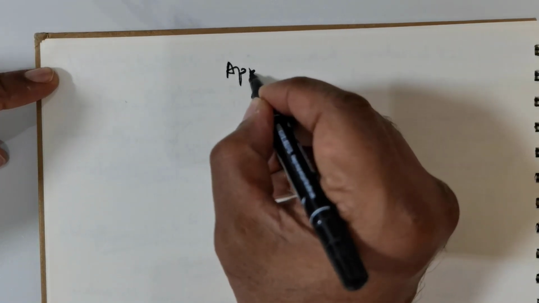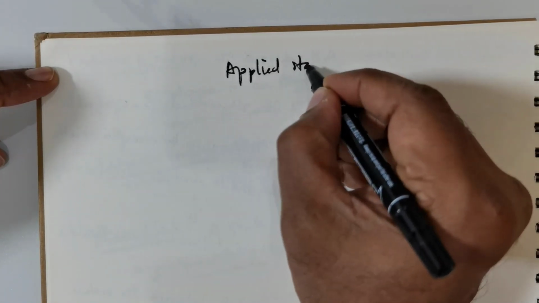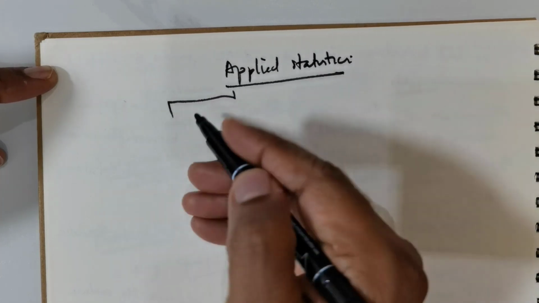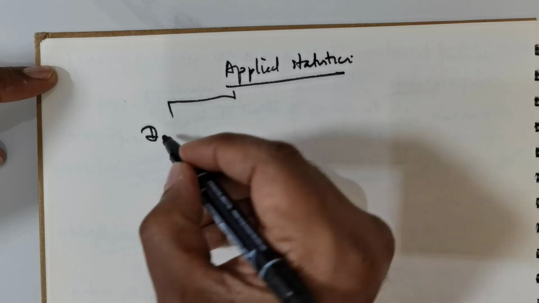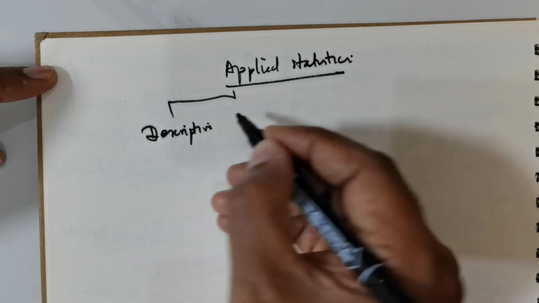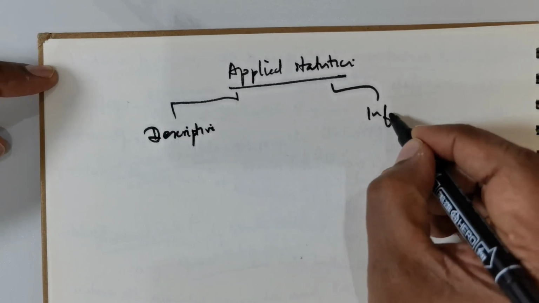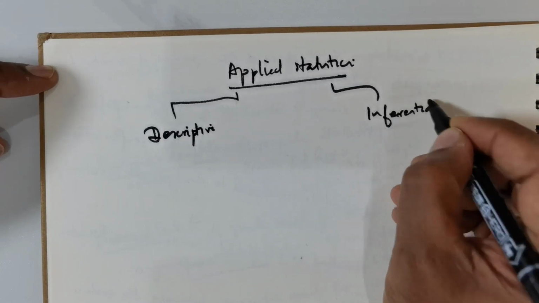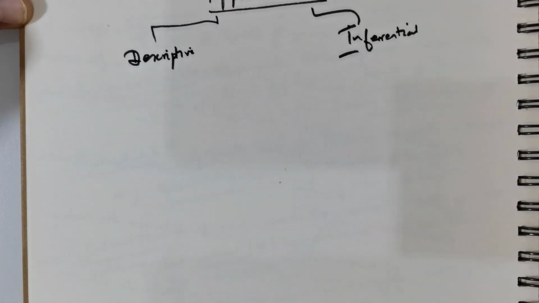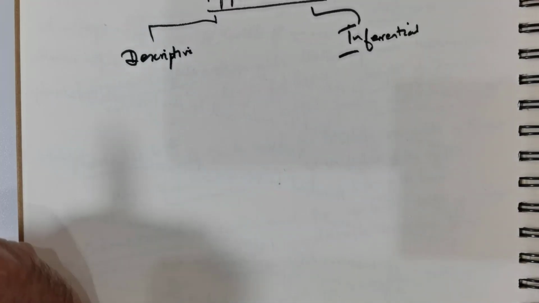In applied statistics, we are going to be looking into descriptive and inferential statistics. Right, descriptive and inferential. Just now I have given you many terms.